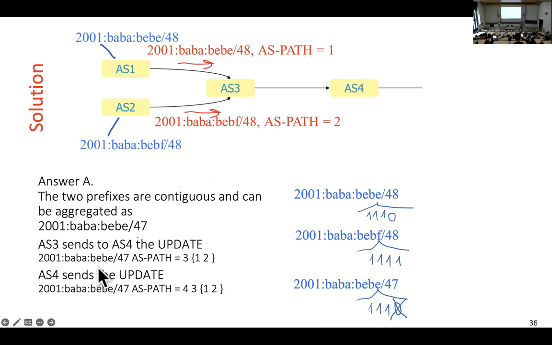It means that to reach this aggregated prefix, there is a path that goes through 3 and 1 or 2. Then, for example, AS4 would append, and the path would be 4, 3, {1, 2}, right? So we have simplified things. Otherwise, we would have to announce 2 routes. Now we are announcing only 1.